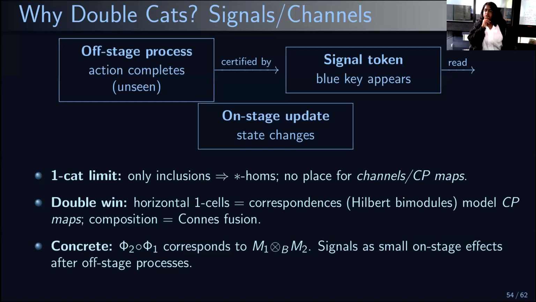The way we have defined the horizontal morphisms, especially in the von Neumann algebra category, is such that the horizontal morphisms are Hilbert bimodules. These Hilbert bimodules can secretly be written in terms of completely positive maps, so we don't completely lose that point of view.